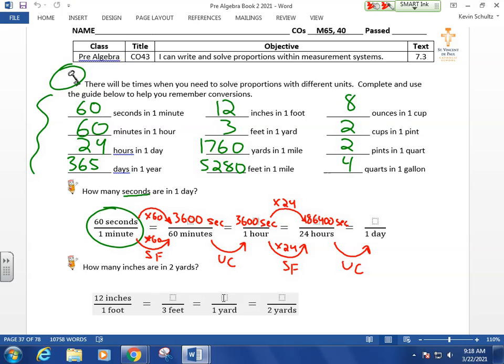So, final answer, 86,400 seconds in one day. And we got there by building this. We kind of climbed the ladder a little bit, right? 60 seconds in a minute. We made 1 minute into 60, so we could then convert to hours. We made hours into 24, so we could then convert to days. But it's that pattern of scale factor, unit conversion, scale factor, unit conversion.